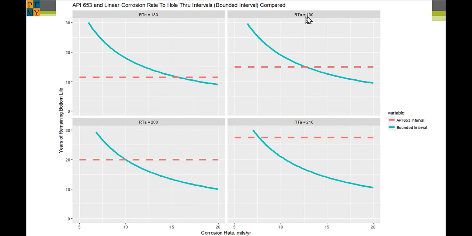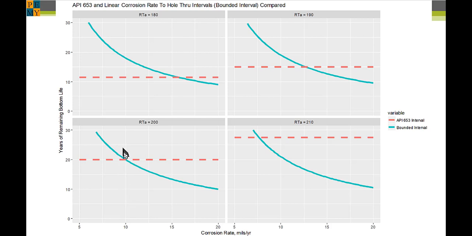But as your repair to thickness increases, say to 210 mils, notice that now if the linear corrosion rate is actually higher than 7.5 mils, you will hole through at about 27.5 years. Most people are not going out beyond 20 years, so that would be a repair to thickness of 200 mils.